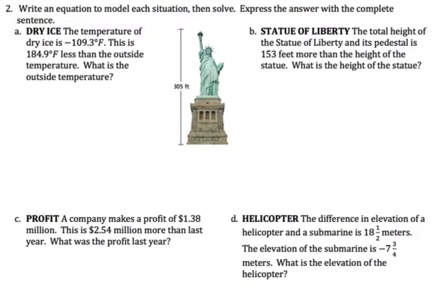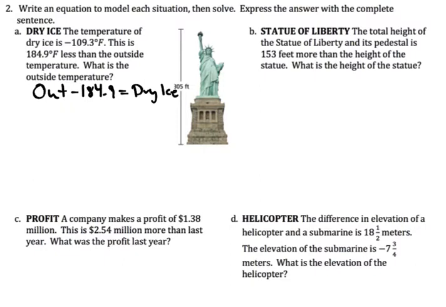Okay, in this situation, we've got the outside temperature, and if we subtract 184.9 from it, we will get the temperature of dry ice. So that's what we're going to use, that idea right there, to write this equation.